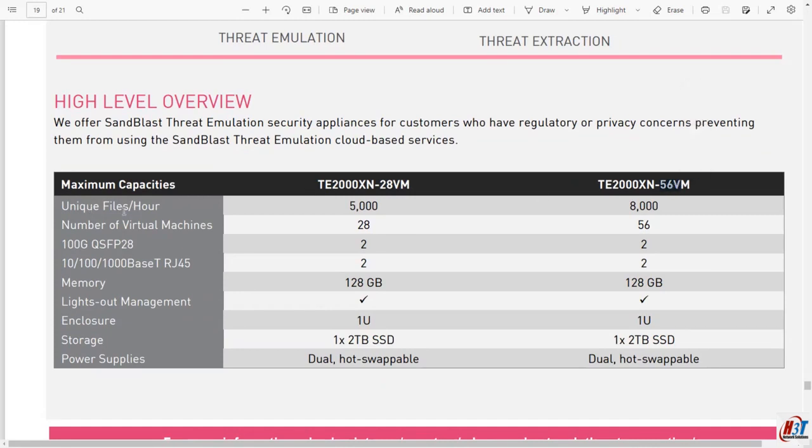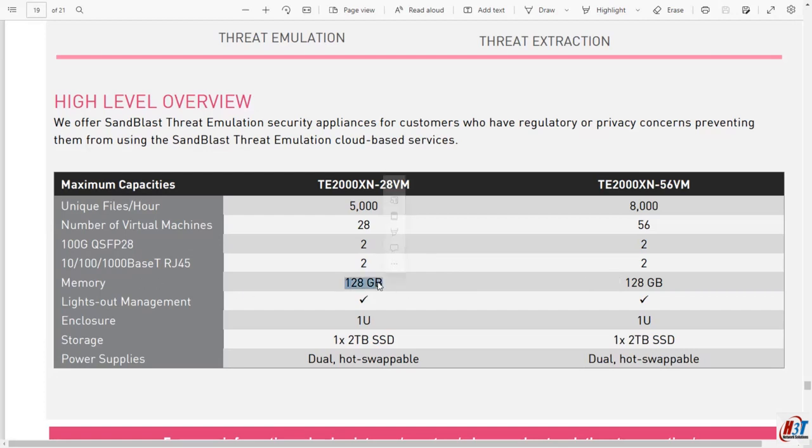Now unique files per hour that it can handle is for 28 VM it's 5000, and the 56 VM can handle 8000 files per hour. Number of virtual machines 28 here and 56 here. 100G QSFP, you get 2 on both basically. 10, 100 and 1000 MB base T RJ45s that you get is 2 on both.